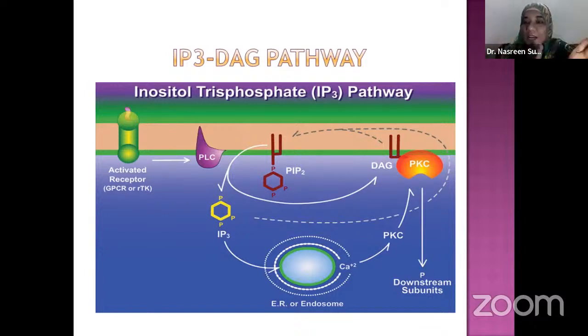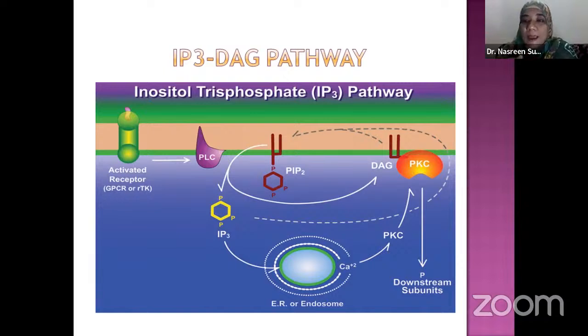Okay. Ligand will come and bind to the receptor. G protein gets separated. GDP will be replaced. Alpha gets separated, and it will go and bind to the phospholipase C. Phospholipase C is going to hydrolyze PIP2, which is present on the plasma membrane. This is going to hydrolyze into IP3 and DAG. These two are secondary messengers.